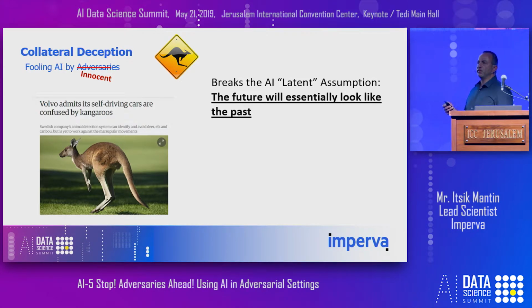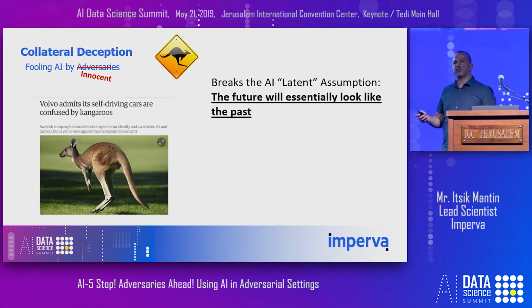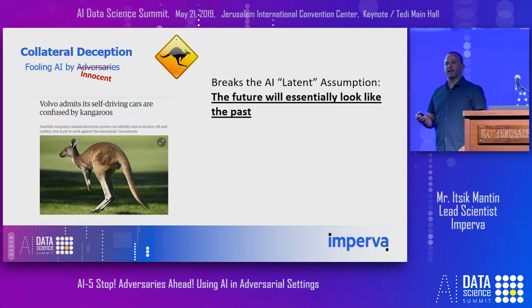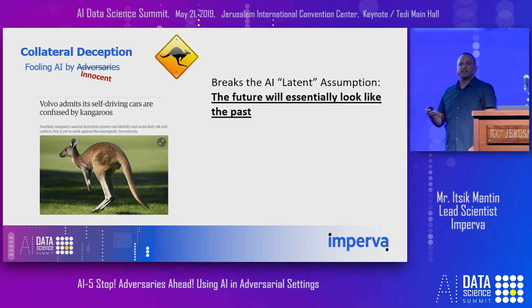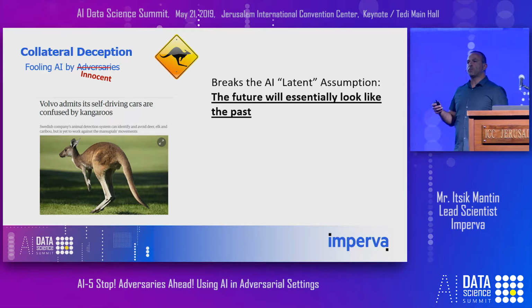It seems that the AI is looking at the distance of objects from the ground, which is essentially static in many cases, in order to analyze the size of the object, or the exact location of this object. However, when it comes to a kangaroo with this intensive vertical motion, it seems that it is something that this AI never saw.